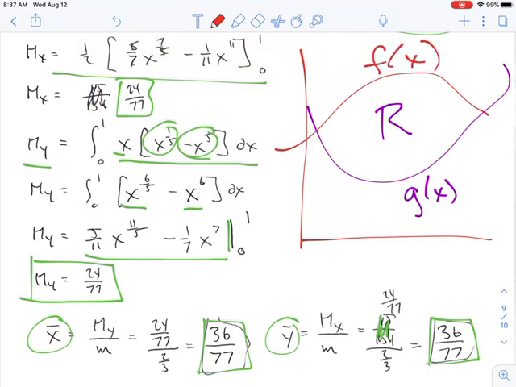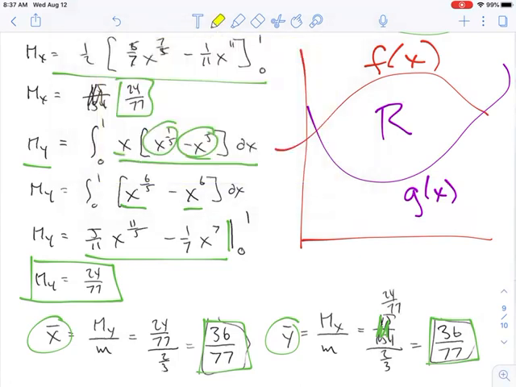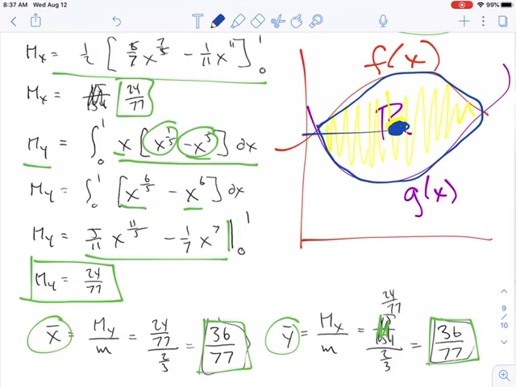And so what we're doing is we're taking this region in here, and we are finding its center of mass, some point in the center of this thing where it would balance. That is what we are doing. And so this whole thing here is called a lamina. The center of mass is called the centroid.